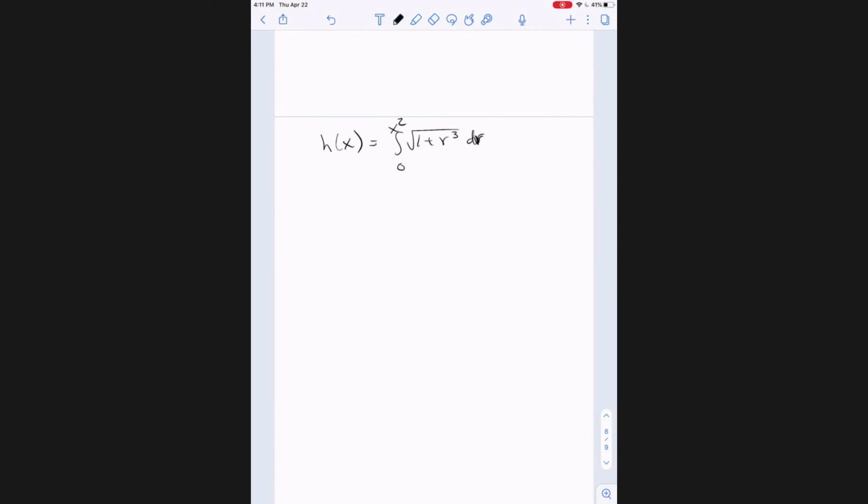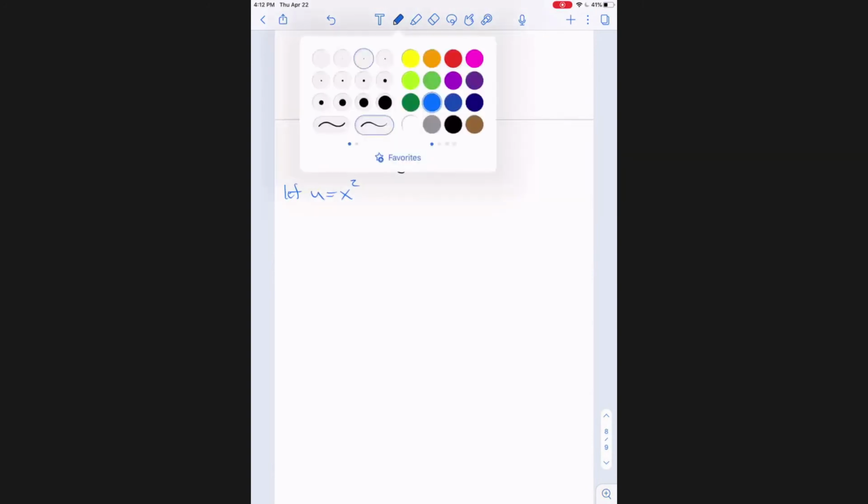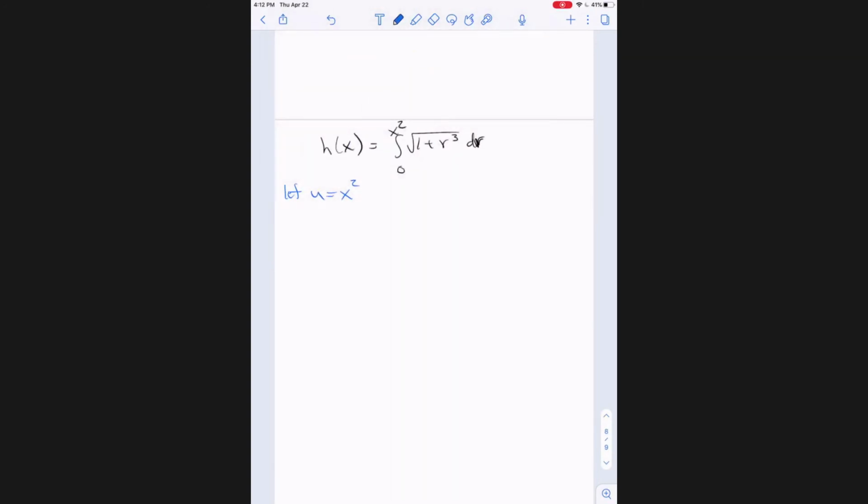Okay, so here's what you do. I want to show you the formal way to do it, then you can think of a shortcut as well. So let u equal x squared. The problem was in black, so the solution will be in blue. All right, let u equal x squared. So then du over dx is going to be 2x, right?